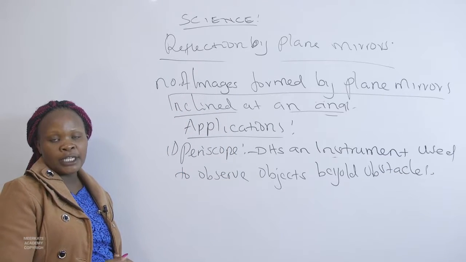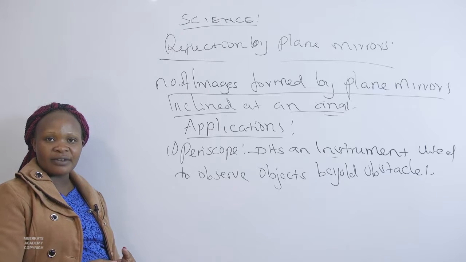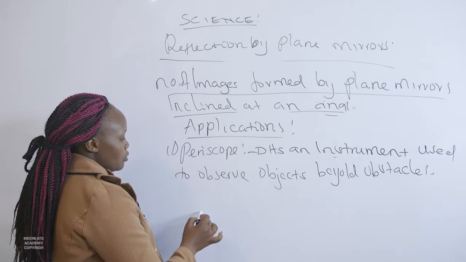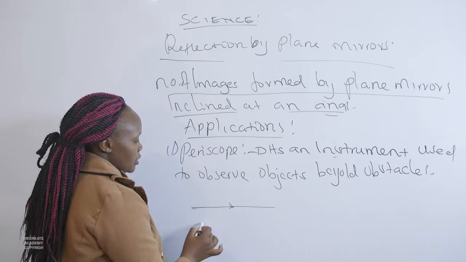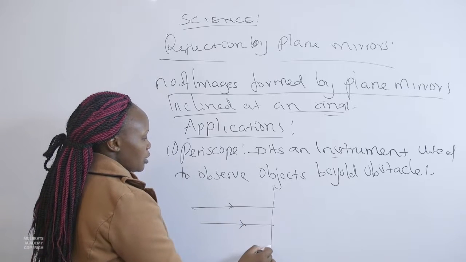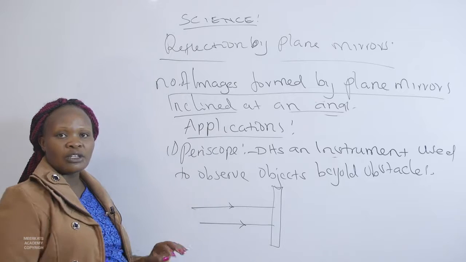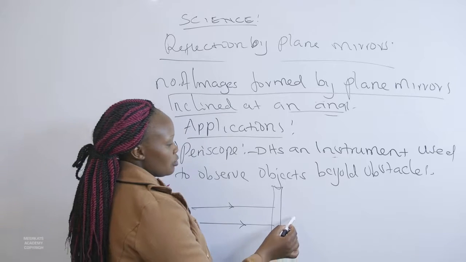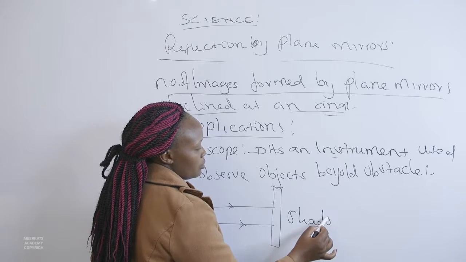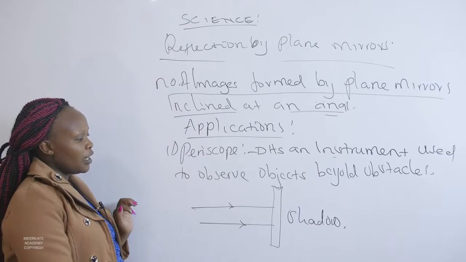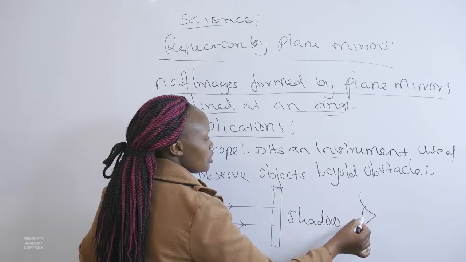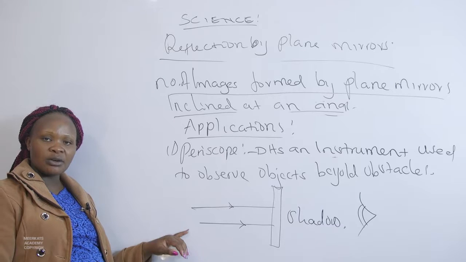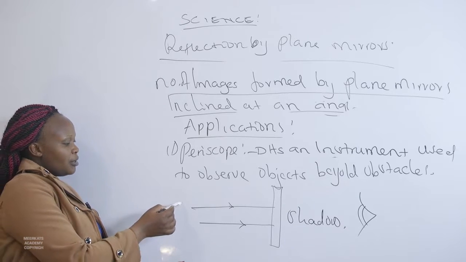Now, we need to appreciate that light travels in a straight line. Therefore, we agreed that when the path of light is obscured, you do not expect to see what is in front here. Rather, a shadow will be formed behind. Now, if an observer was on this side and wanted to observe something beyond this obstacle, then it becomes a bit hard.